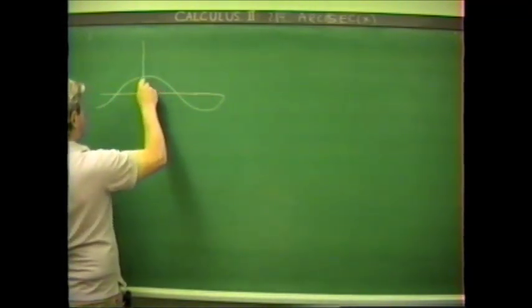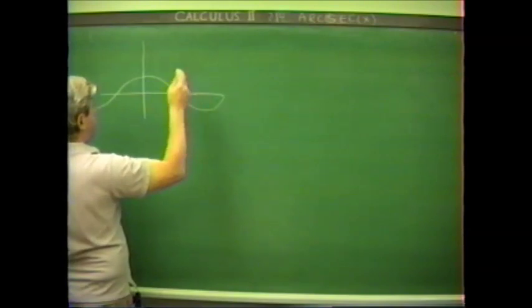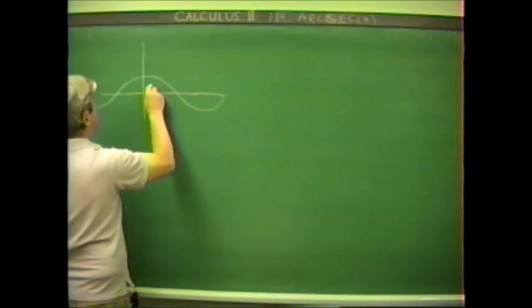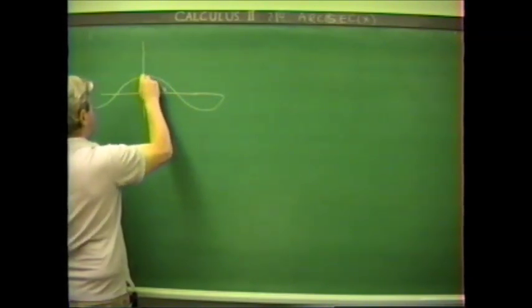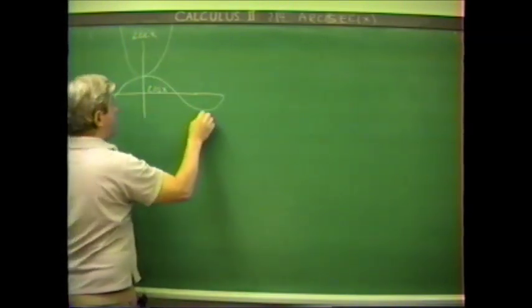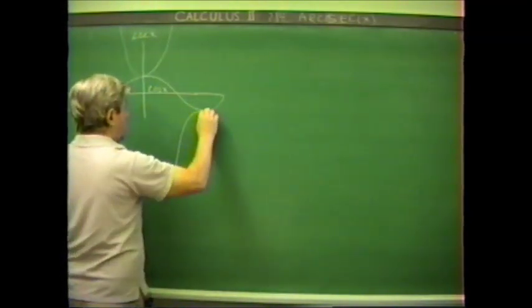Right, so that this is 0, this is cosine x. And the secant consequently looks like this. All right, and likewise over here, and over here, and so forth. So this is secant x.